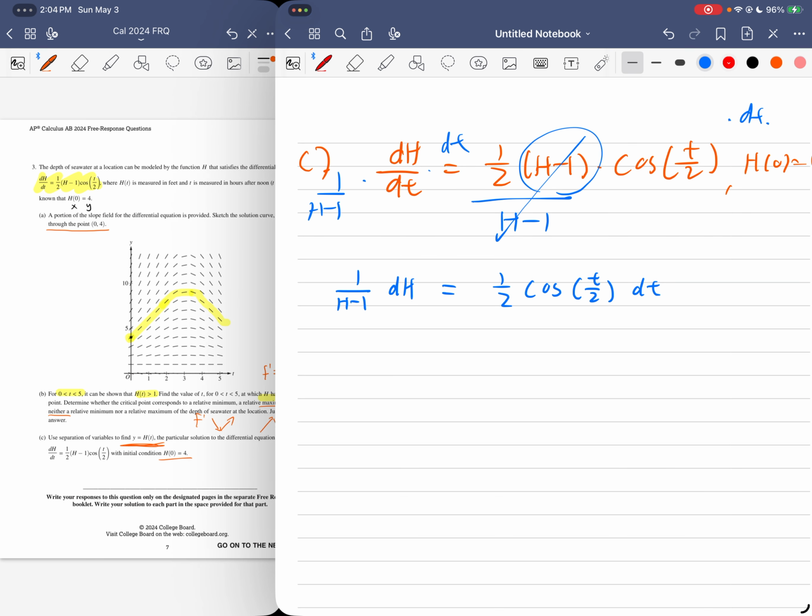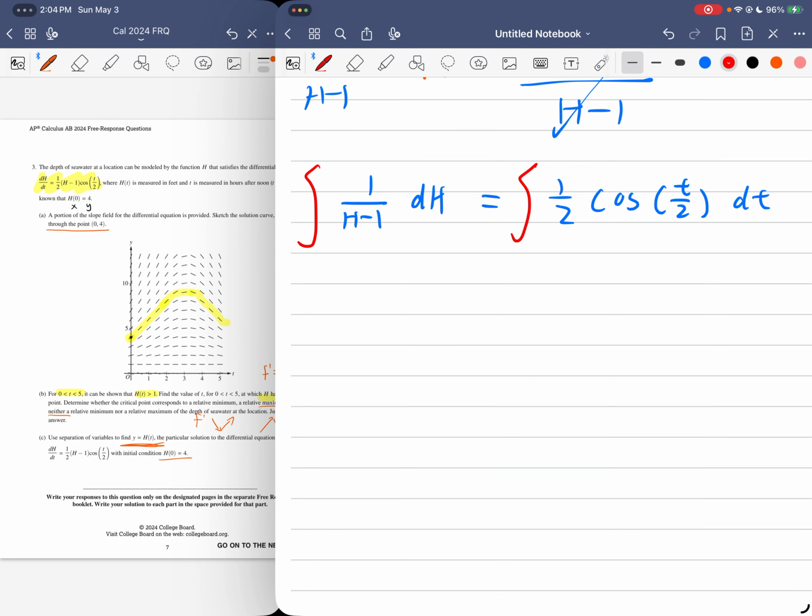So now we are going to take the anti-derivative on both sides. This is going to be natural log of h minus 1, plus c, but I don't care about plus c for now, is 1/2. The anti-derivative of cosine is sine, so it's going to be sine of t over 2 divided by the derivative of the inside, which is 1/2.